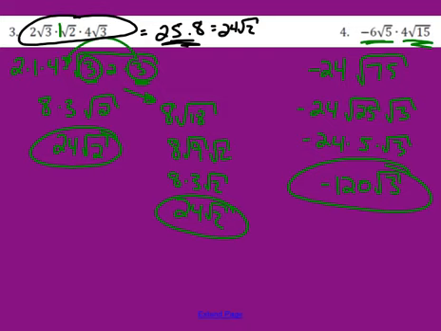Now remember that these numbers that don't end or don't repeat are numbers that are irrational. So 24 square root 2 is actually 33.9.